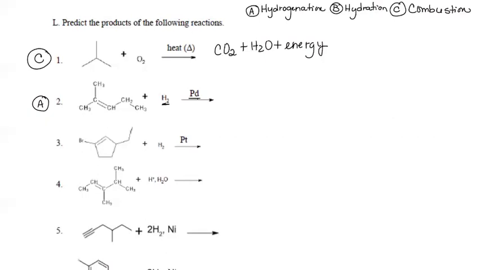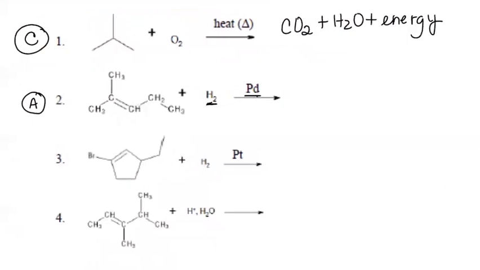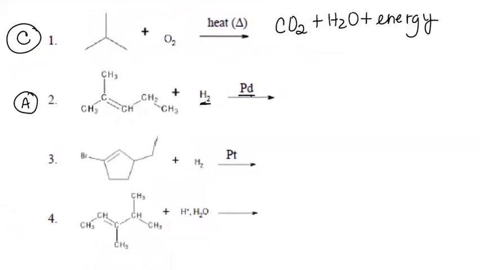So, how do I predict the product of this reaction? Let's at least draw the structure first. If you need to draw the product, I want you guys to just redraw the structure, but do not include the double bond. So I'm going to have a carbon atom right here. I'm going to have a CH3 here, a CH3 here. Instead of a double bond, I'm going to do a single bond.